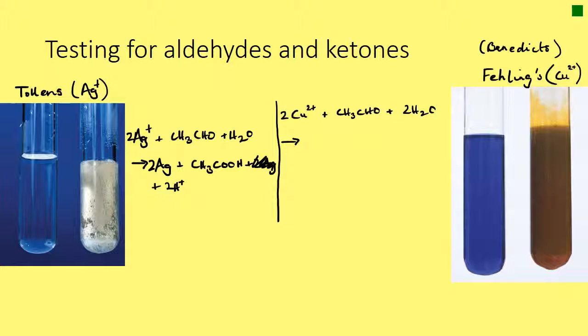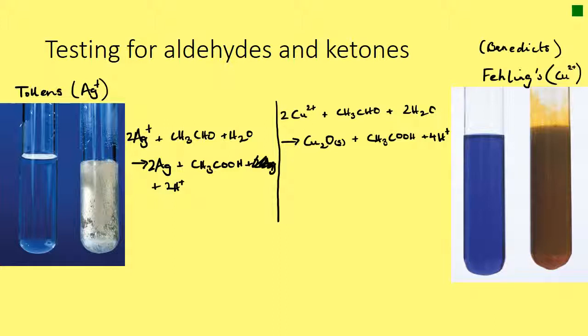We're going to do a very similar reaction. The copper 2+ is going to get reduced to copper 1+, and that copper 1+ is going to be in copper oxide, and that copper oxide is that reddish-brown color, and that's a precipitate. In the same way, our acetaldehyde is oxidized to our carboxylic acid, in this case ethanoic acid, and we get some hydrogen ions coming off as well.